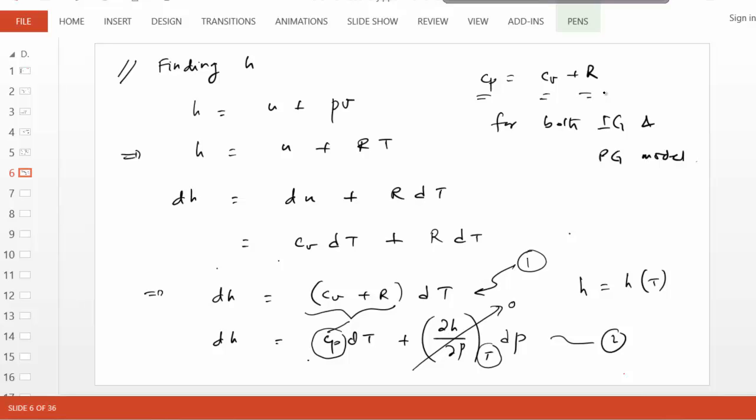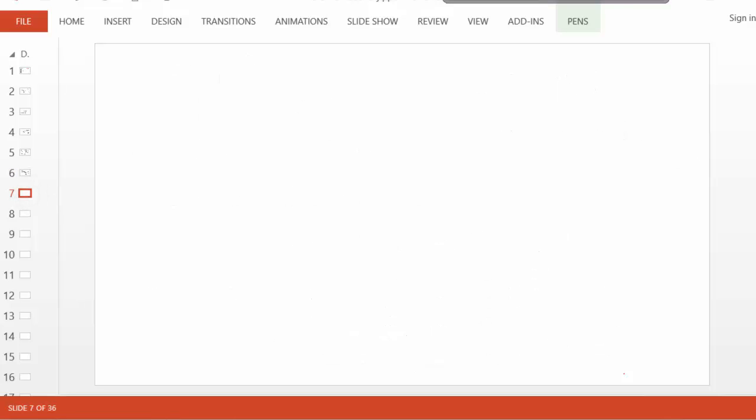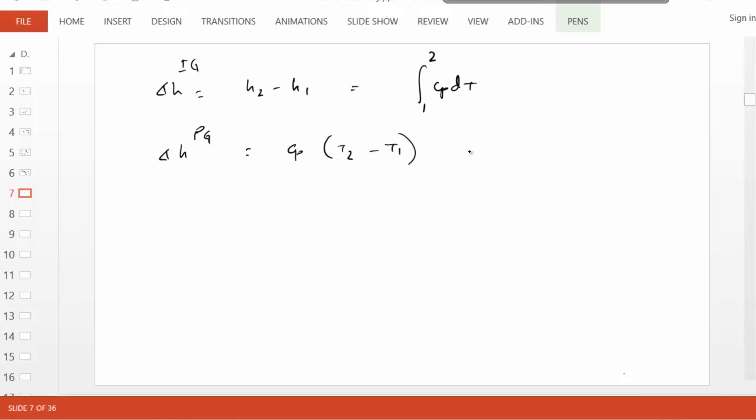So, in terms of the formula for enthalpy change, delta H, which is H2 minus H1, is integral Cp dT going from 1 to 2. This will be the ideal gas model, and the perfect gas model will be simplified because Cp is a constant, so it will come out of the integration, and we come up with a very simple equation for finding enthalpy change.